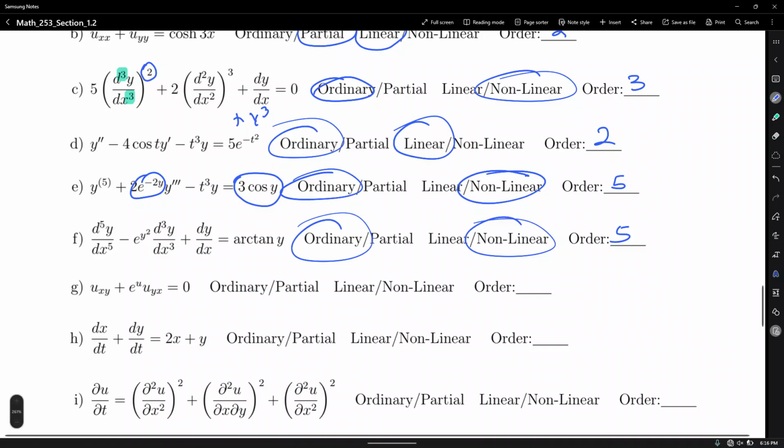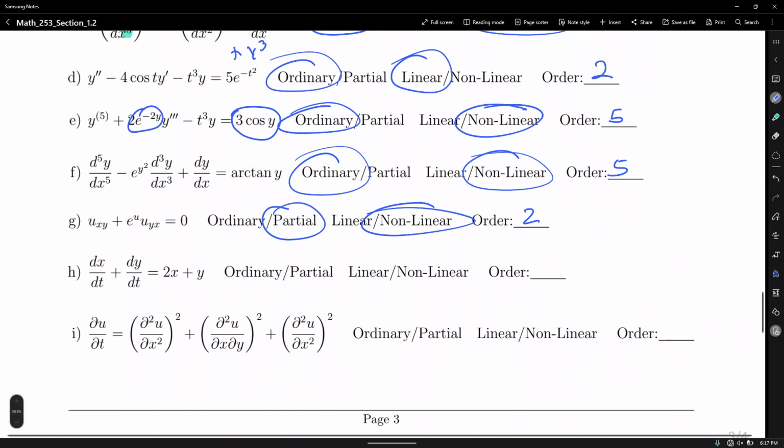The subscript gives it away. Linear or non-linear? Non-linear. Okay. That's because we have the dependent variable, in this case u, either raised to a power or its derivative, or that u appears as a cosine u or a sine u or a u squared, whatever. Okay. So non-linear, order 2 again, right?